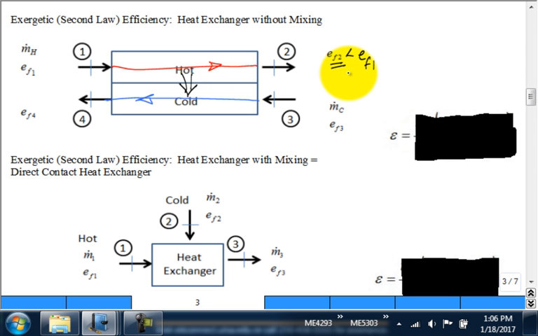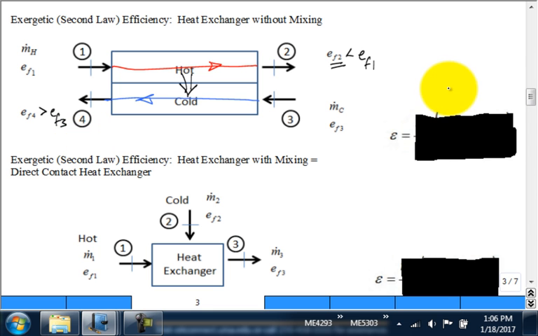Something came out of the hot fluid. Heat did, as well as exergy did. And EF4 is greater than EF3, meaning it was added to the cold fluid, but was everything that came out of the hot added to the cold? Well, heat transfer, yes it was, but not exergy. Some was destroyed because of irreversibilities.